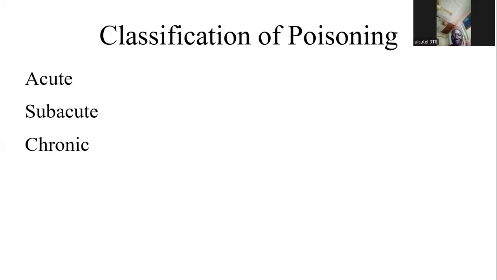Your behavior wasn't influenced by the lead you've been exposed to, but this chemical will accumulate over a long period of time in your system. And it can reach a certain concentration that will start influencing some physiological functions in your body. So you start exhibiting some behaviors, and those behaviors are a result of the poison. This type of poisoning we call chronic poisoning.